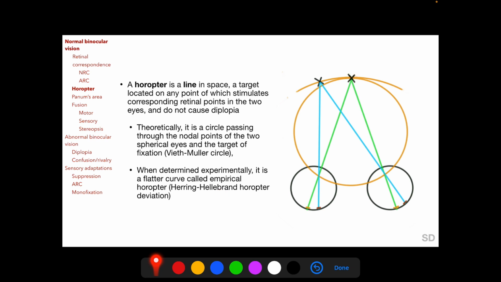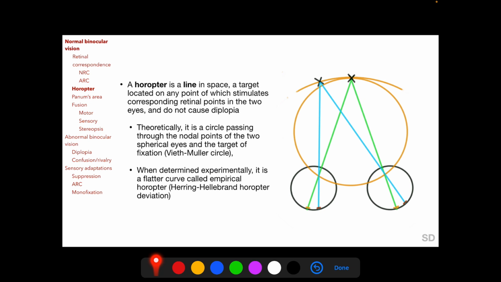So one of the points on the horopter is the target of fixation, which stimulates both foveae, which are corresponding to each other, and any other point on the horopter such as this one also stimulates corresponding retinal points. And as we have already seen, corresponding retinal points in non-foveal locations are nasal to the fovea in one eye and temporal to the fovea in the other eye.